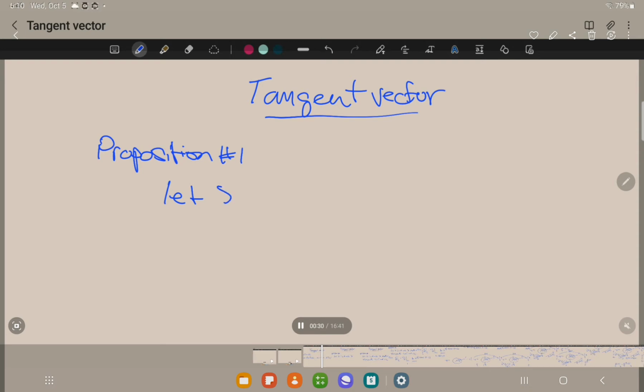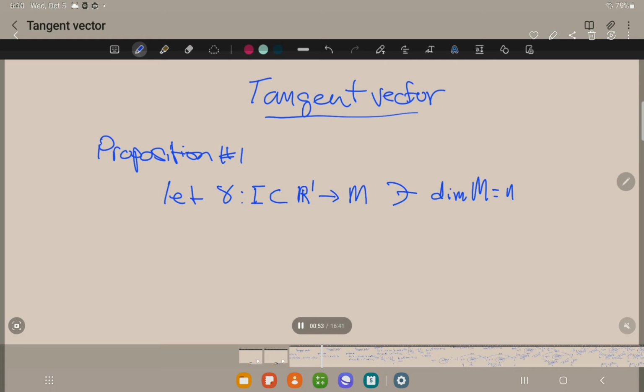Okay, so for P we're going to assume that gamma, which is a smooth curve, is a mapping from R1 to M, where M is the manifold, such that the dimension of M is equal to n in this case.